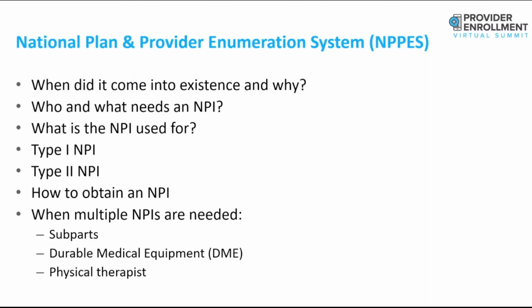Let's say you're a hospital and you have several different practice locations and they're all different by specialty. So let's say you have an orthopedics group and you want an NPI that you're going to be billing for under that location for that orthopedics group. It may still be the same tax ID, all operating under the same tax ID, all those practices would be. But then you need a separate NPI under that main NPI that would be a subpart.